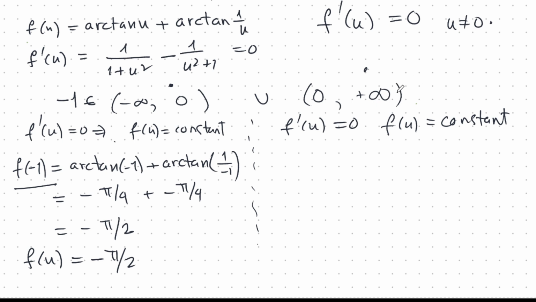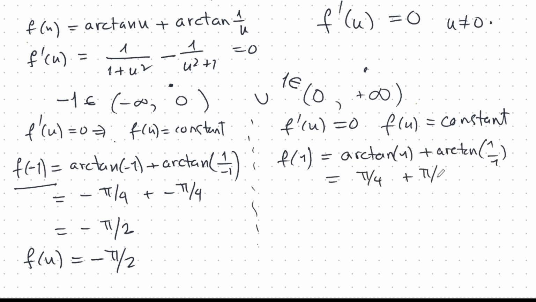Okay, so let's take a point in here. 1 is good enough. Let's compute f of 1. The f of anything in this interval is going to be the same for all of the points in this interval. So I just choose one of them, and I get pi over 4 plus pi over 4, and that's pi over 2.